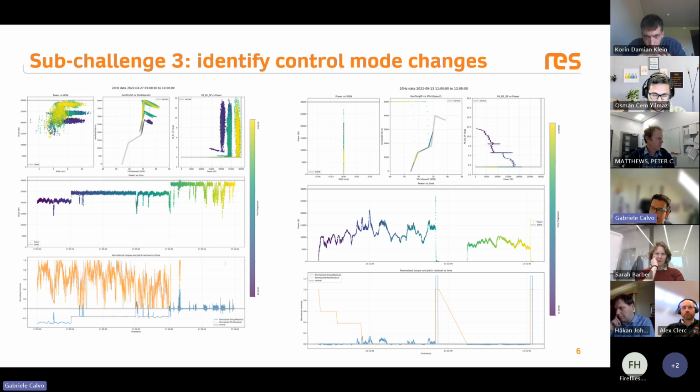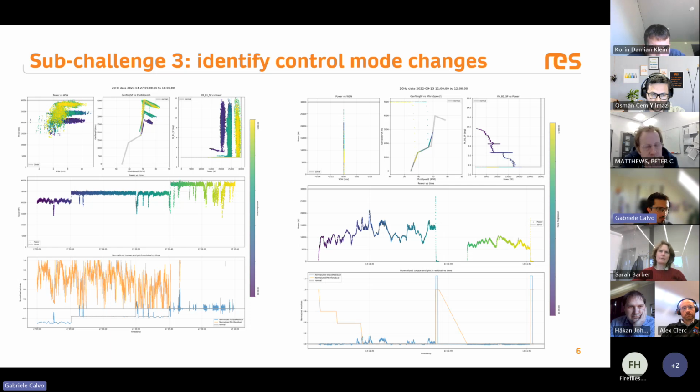Sub challenge 3 was quite difficult. Alex did create these plots, and I think they were really nice and really interesting. What we saw is that, of course, you have the change in pitch, but you also have change above.